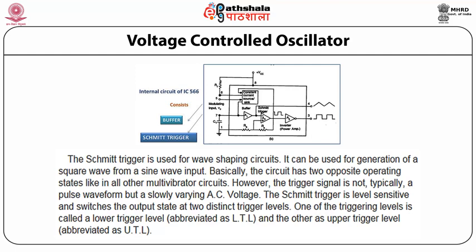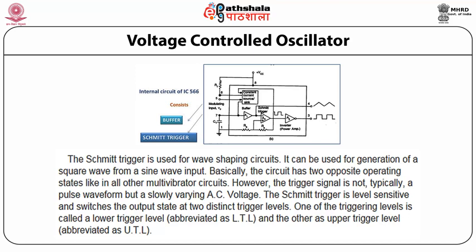Basically, the circuit has two opposite operating states like in all other multivibrator circuits. However, the trigger signal is not typically a pulse waveform but a slowly varying AC voltage.